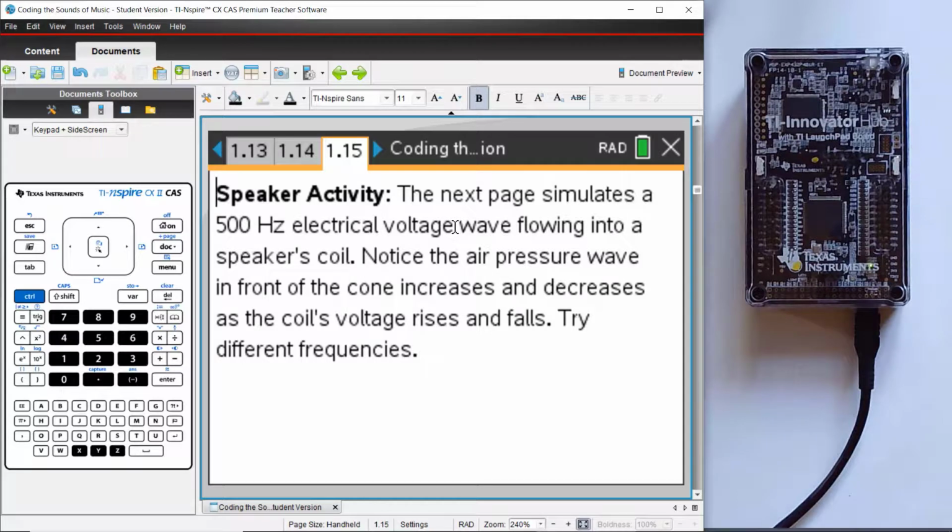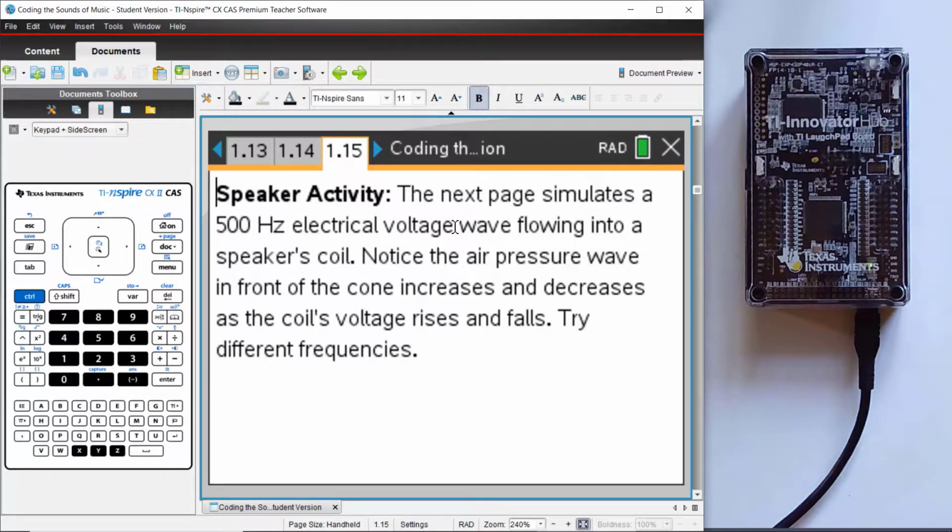And that voltage wave goes into the speaker coil. Remember, the coil is that winding of wire around the toilet paper tube. And notice that it creates an air pressure wave in front of the cone, and that as the voltage rises and falls, it creates an air pressure wave that also rises and falls, similar to those diagrams that we looked at in the previous video.